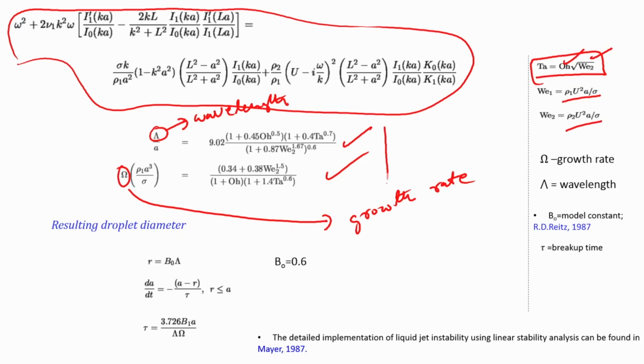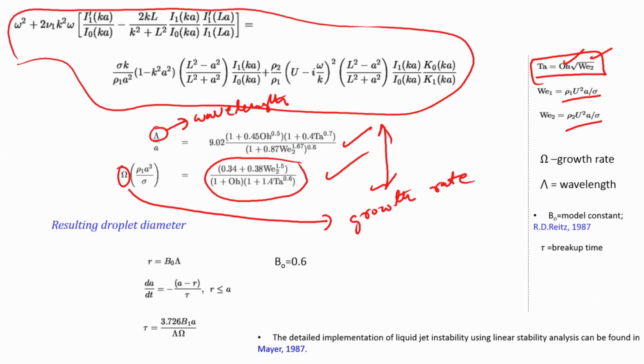So, these two relationships enable us to calculate, depending on a particular Weber number and a particular Ohnesorge number, what will be the most optimum wavelength that will lead to this kind of dispersion. Similarly, the maximum growth rate can also be predicted if you know the Weber number, Ta and the Ohnesorge number.